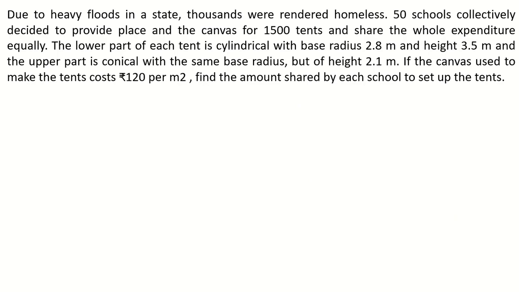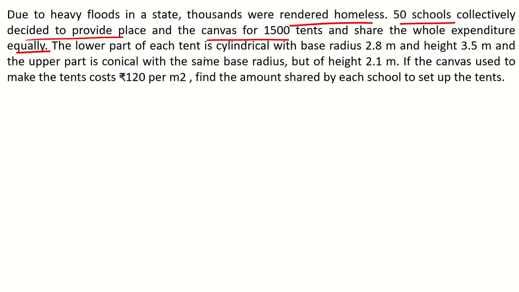Okay, now another one: due to heavy floods in a state, thousands were rendered homeless. 50 schools collectively decided to provide place and the canvas for 1500 tents and shared the whole expenditure equally. It means whatever expenditure there will be, that will be divided by 50.